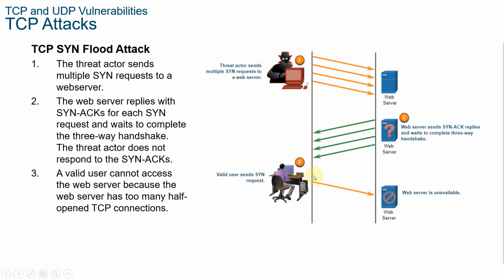Now the target device replies with a TCP SYN acknowledgement packet to the spoofed IP address and waits for the TCP acknowledgement packet. Now those responses never arrive. Eventually, the target host is overwhelmed with half-open TCP connections, and TCP services are denied to legitimate users.